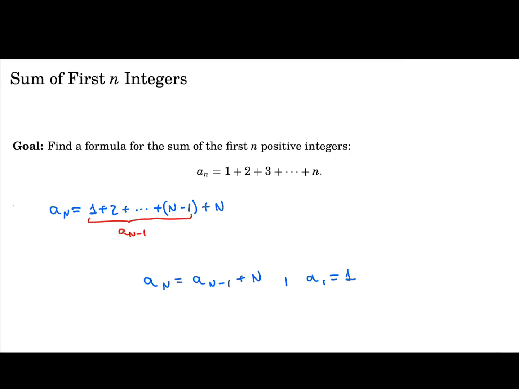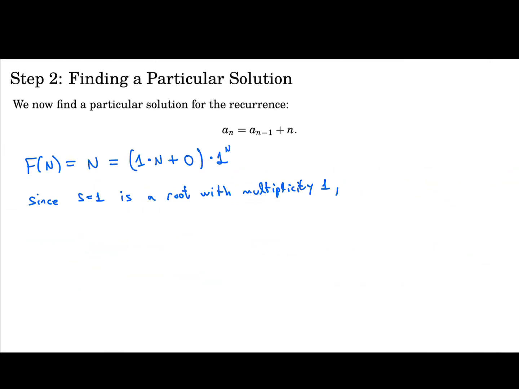So the particular solution is going to be of the form n times (p1 n plus p0) times 1 to the power of n. Of course, 1 to the power of n is just 1, and so if you write this out, this is just p1 n squared plus p0 n.